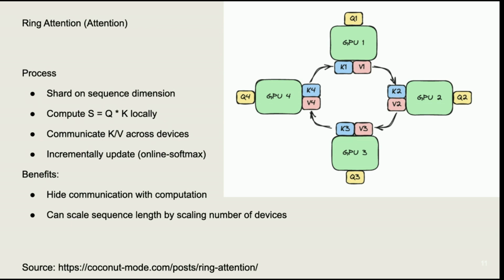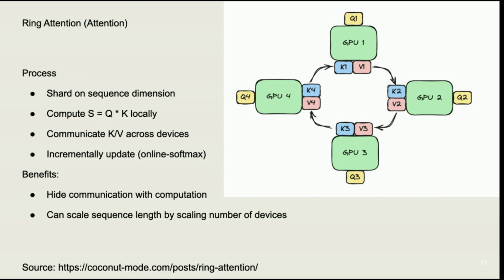So first I'm going to give a brief overview of ring attention. The general idea of ring attention is, given an input sequence of a certain length, we can shard on the sequence dimension. In the graph here, we're sharding the input sequence into 4 different GPUs, and each gets 1/4 of the entire sequence length.